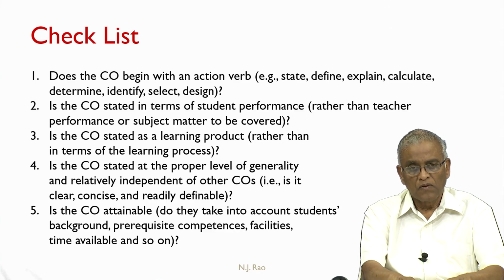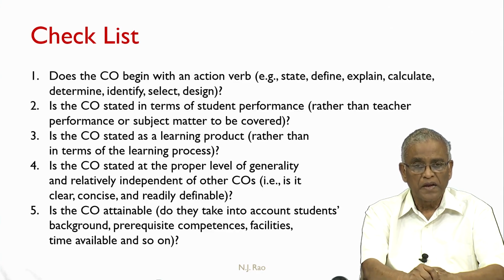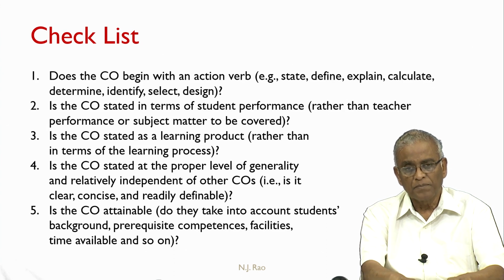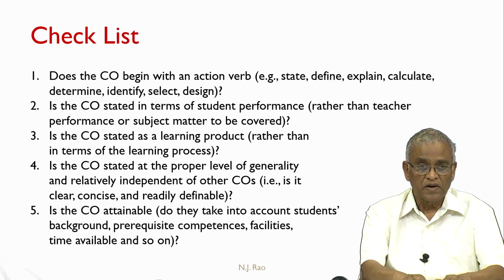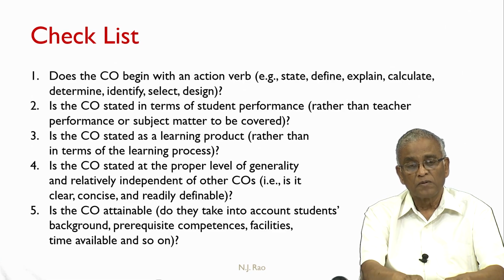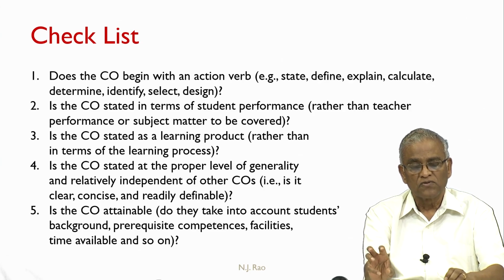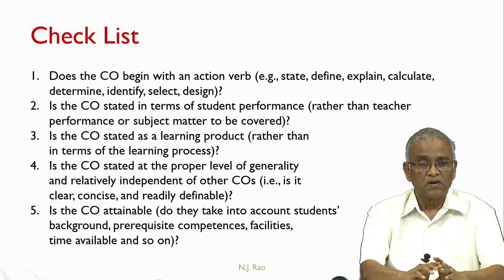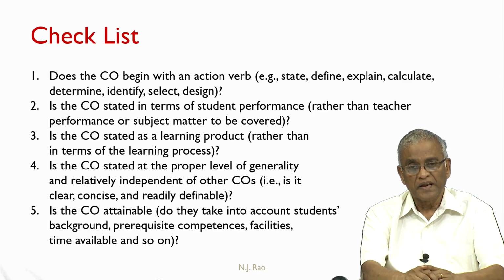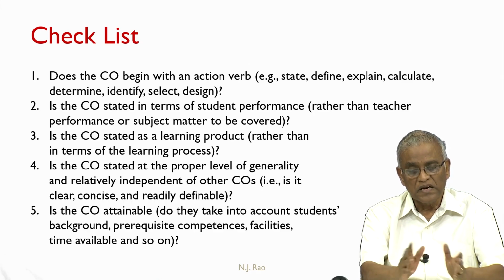For example, a particular CO may not be attainable either because of the background of the students, or they do not have prerequisite competencies, they do not have the required facilities, nor is time available, and so on. So what can happen is, if you just look at some website and find an interesting CO, which is very good, but if you just incorporate it into your course, it may not be attainable because of all these conditions.